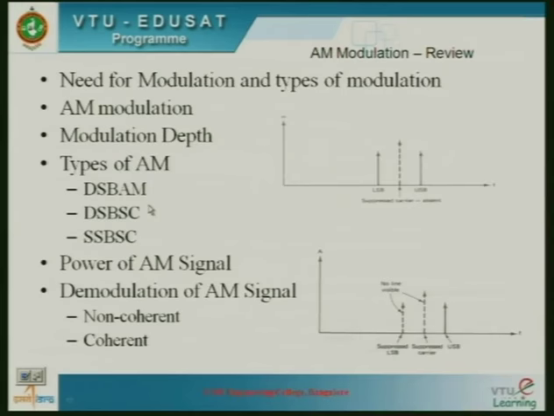If you take double sideband suppressed carrier and pass it through a low pass filter, you will be able to remove one of the sidebands and have single sideband suppressed carrier. So these are the various AM techniques. We have not discussed double sideband suppressed carrier and single sideband suppressed carrier, but have just concentrated on the double sideband AM signal.